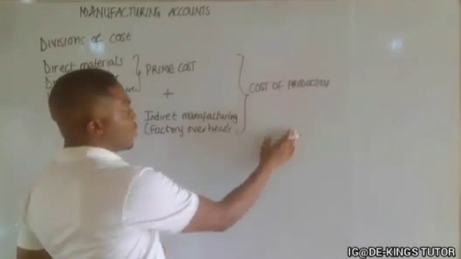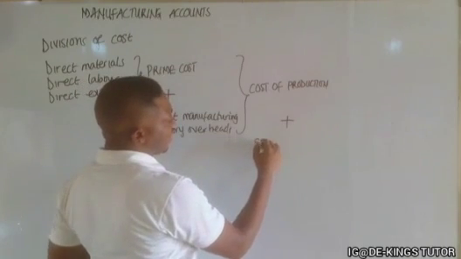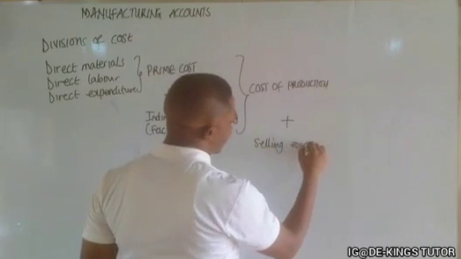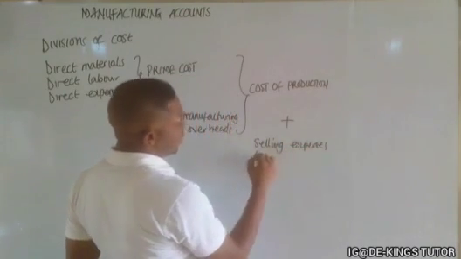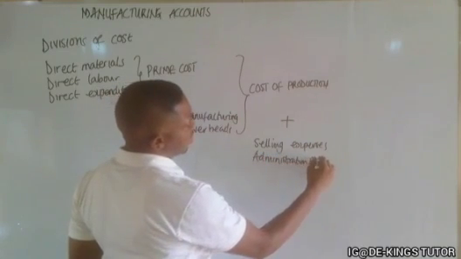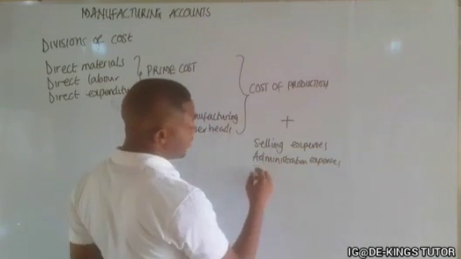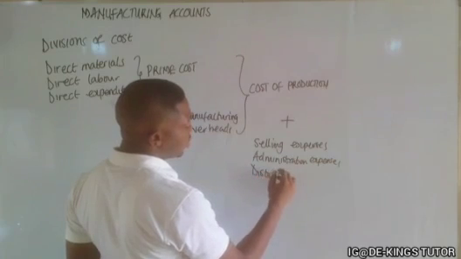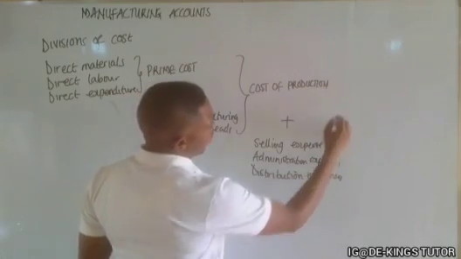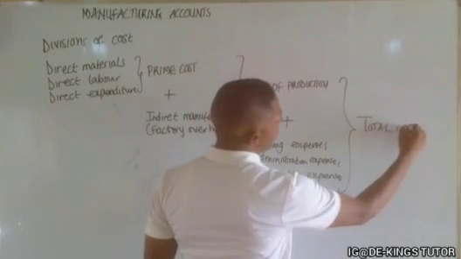Now if you add the cost of production plus other expenses like the selling expenses, administration expenses, and distribution expenses, when you add it together, it will give what we call the total cost.